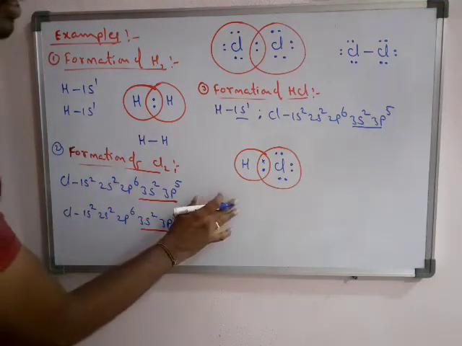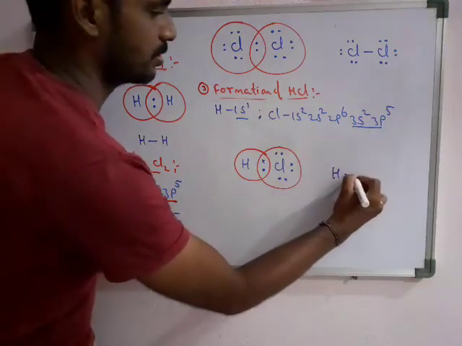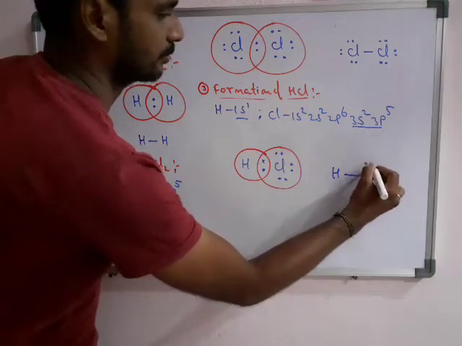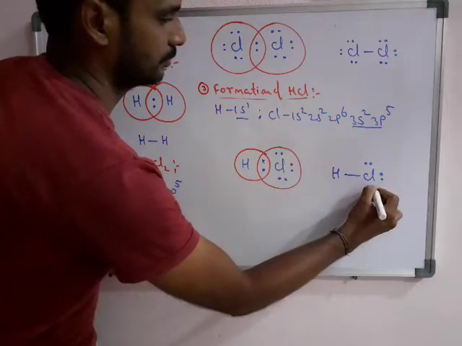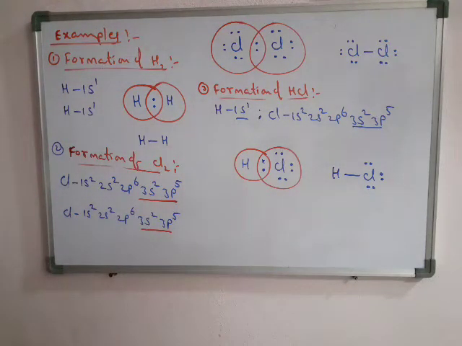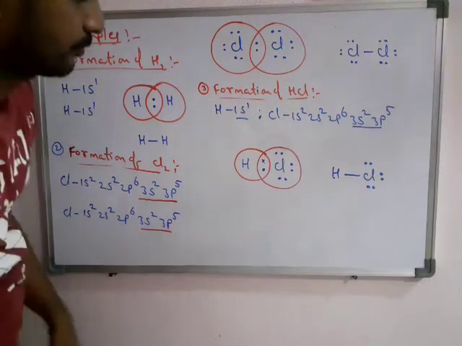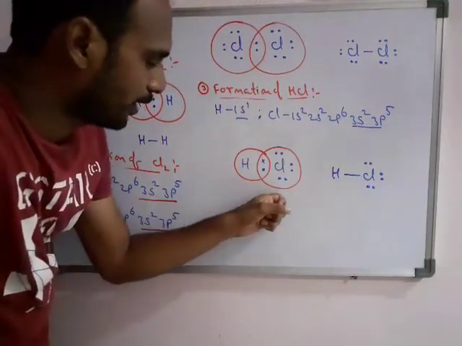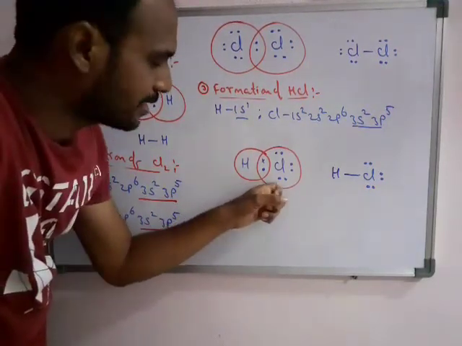How many bonds are there here? H bond Cl. So in this example, what is the difference? The difference is that here a covalent bond is formed between two dissimilar atoms.